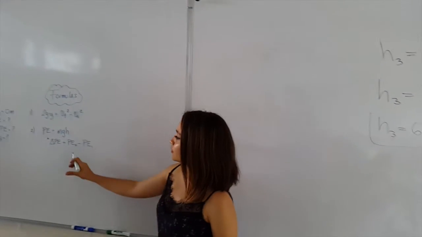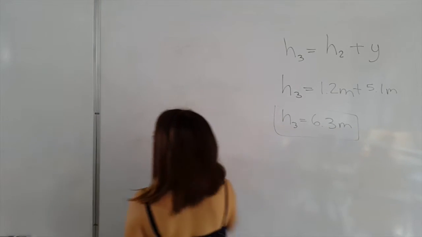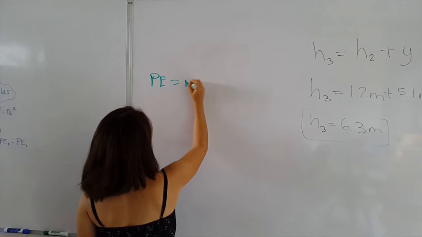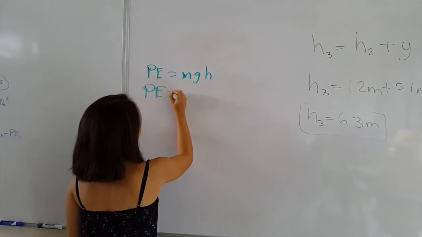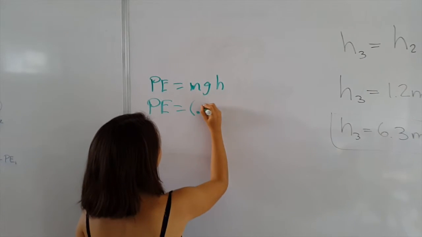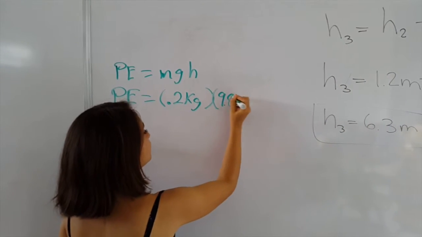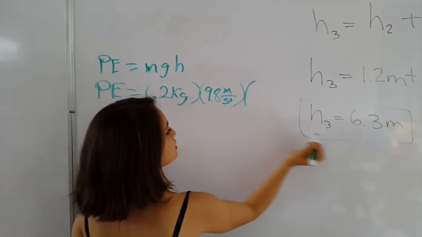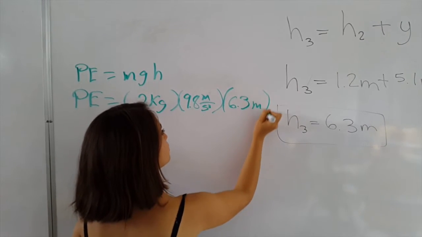Okay, so now we can calculate the potential energy with the formula because we have the maximum height. Potential energy is equal to mass times gravity times height, and then we substitute with the data. So it's the mass in kilograms, 0.2, times gravity, 9.8 meters per second squared, times height, which is 6.3 meters.